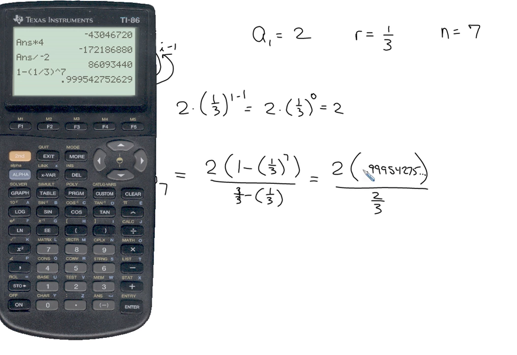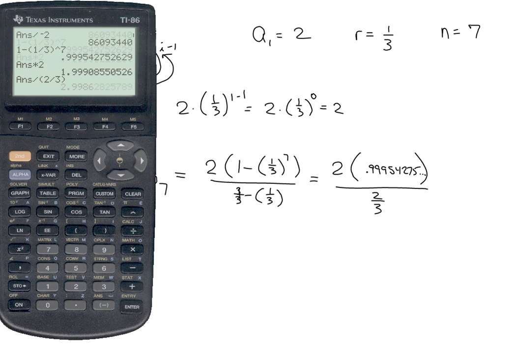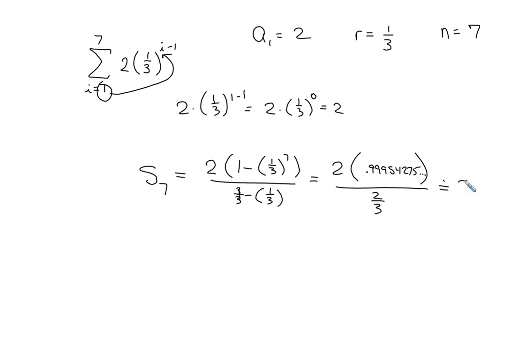What we now do is I leave that in there, I multiply times 2, and then I divide by parentheses 2/3. And I get an answer that's going to round off to about what? 3. So that's about equal to 3. Questions about that? Now, typically, you'll round off to, let's say, 2 decimal places unless they specify otherwise, but this one ended up rounding all the way up to 3.0.